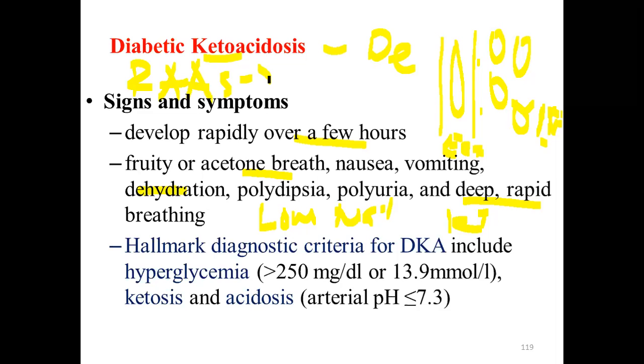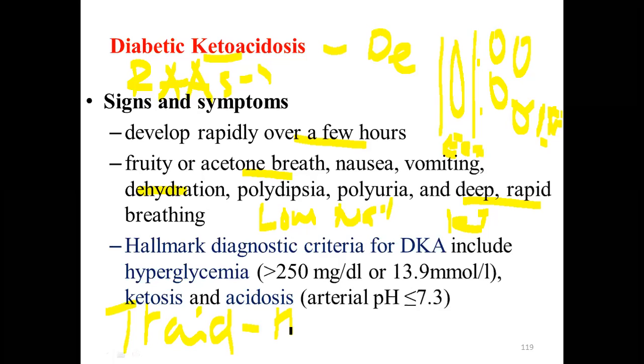is having diabetic ketoacidosis. So, what are the hallmarks in the diagnosis of DKA? There is a triad of DKA: one is hyperglycemia, the other is ketosis, and the third is acidosis.